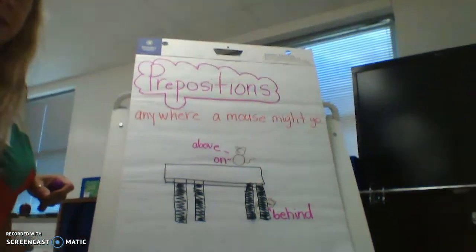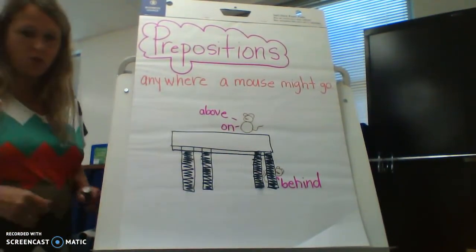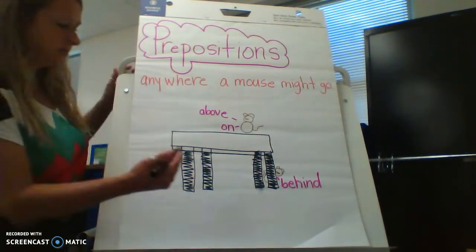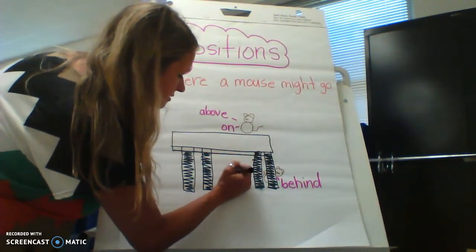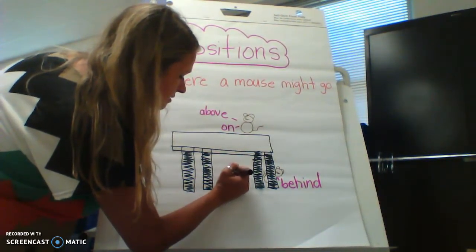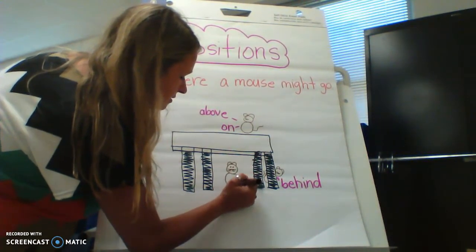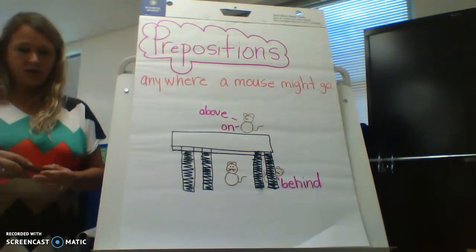Where would our little mouse be if he was? Ah, there's a good one. Right there. Now, where is our little mouse?